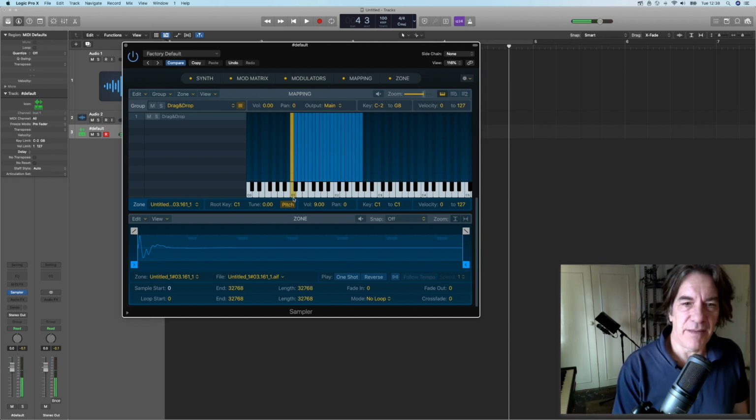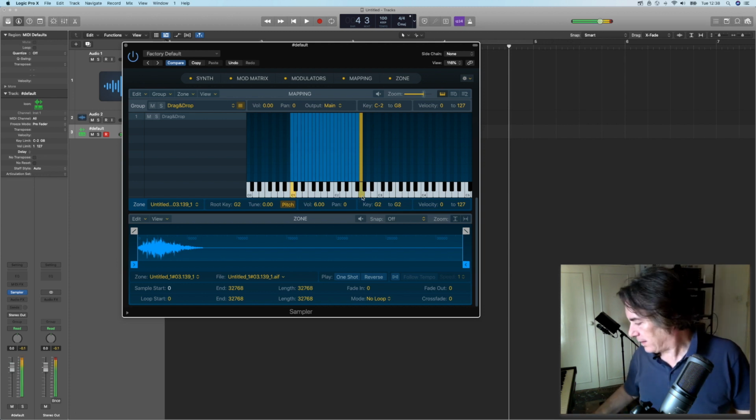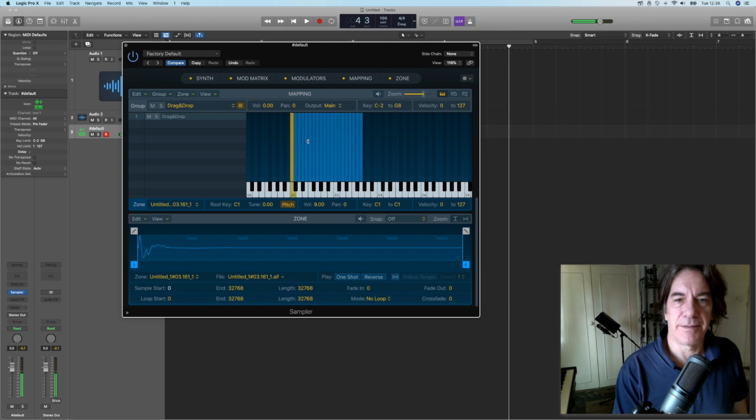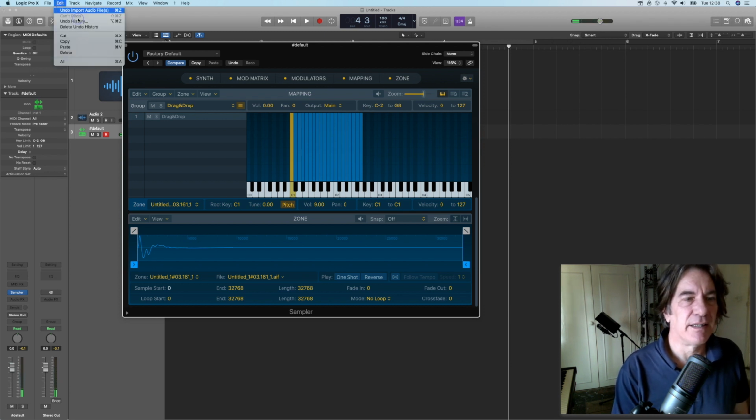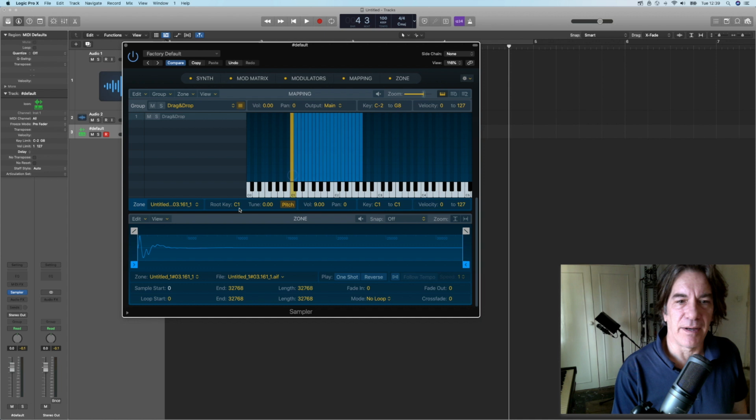I can, if I move the pitch up to here, oh, that didn't work. Let's undo that. So here we go. Oh, here we are. So the root key is C1. So if I move that up to, that's what I was trying to do.